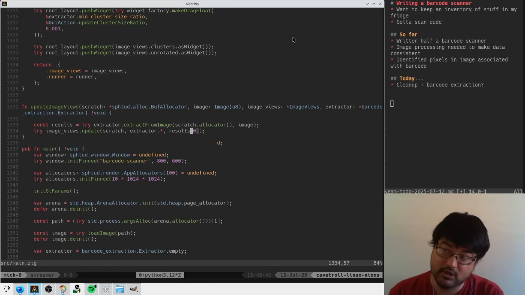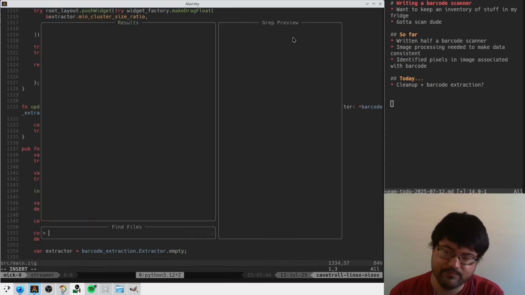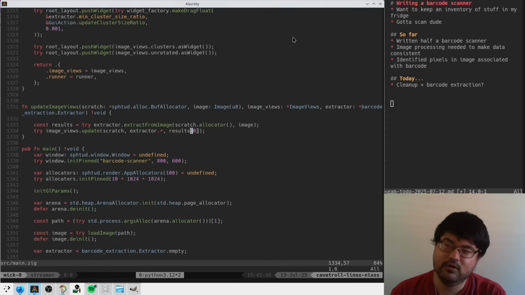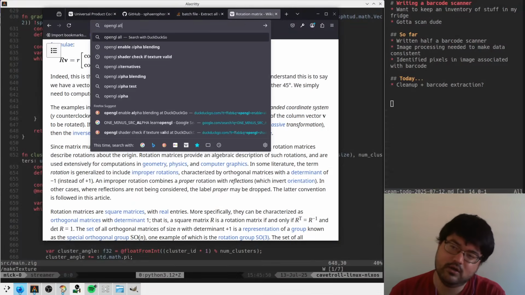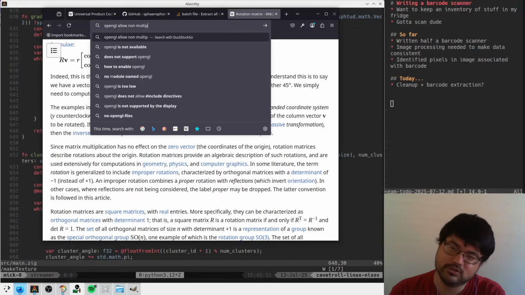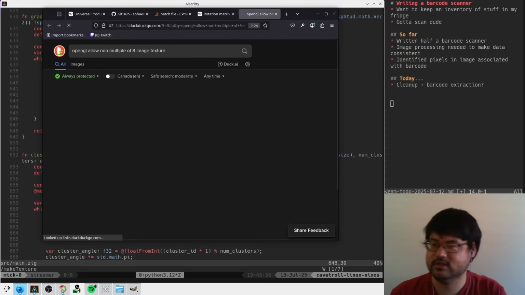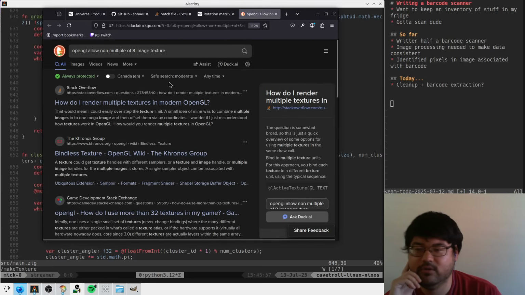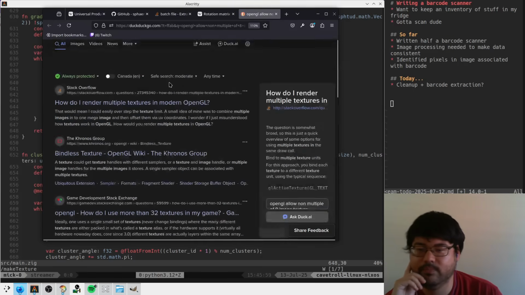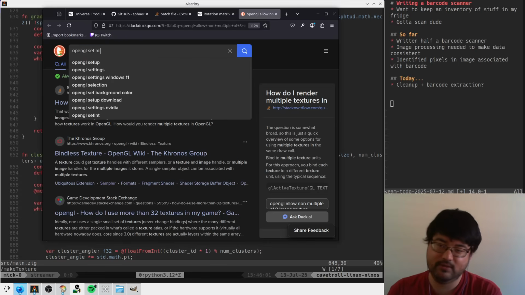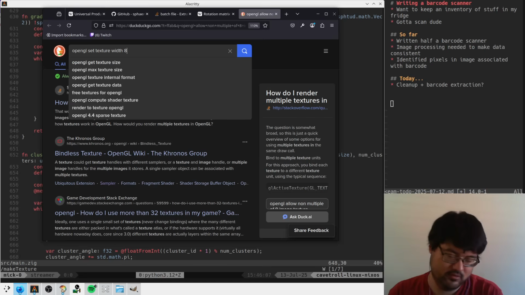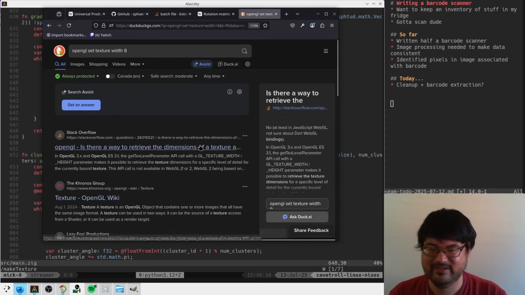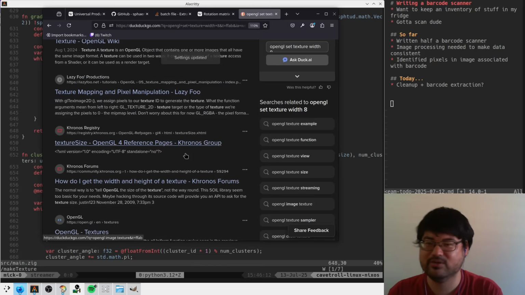It's that the GPU expects textures to be multiples of 8, which I think you can just turn off. OpenGL allow non-multiple of 8 image texture. There's some setting you can just turn off. I know there's an answer for this.